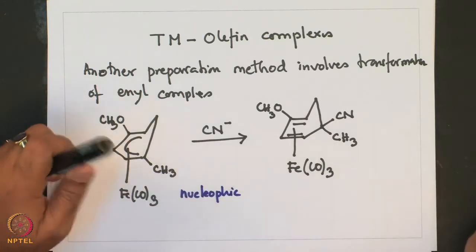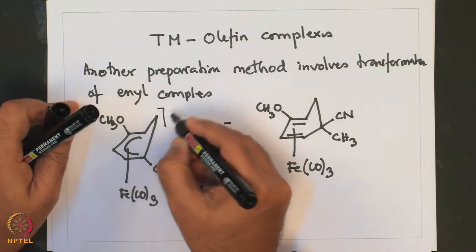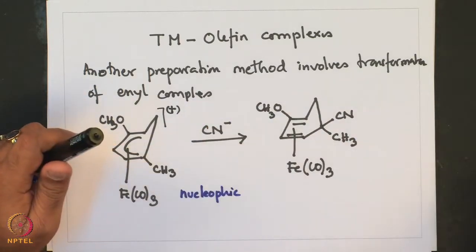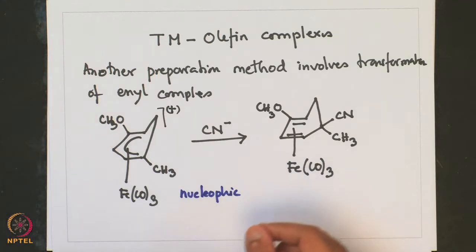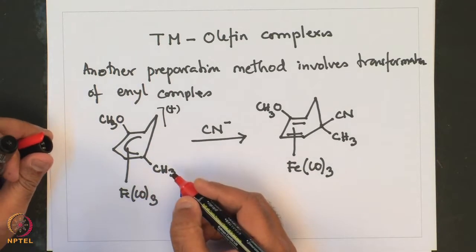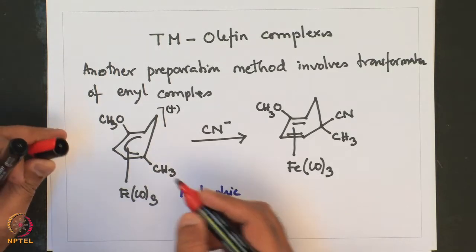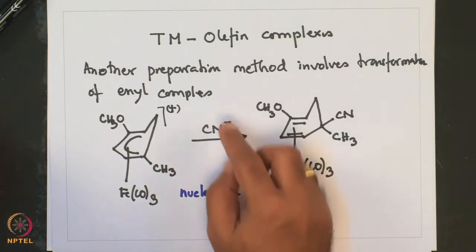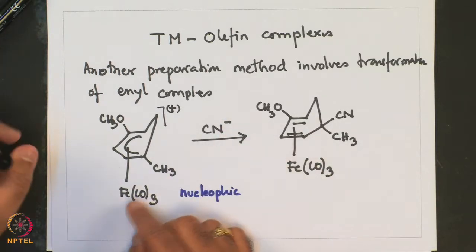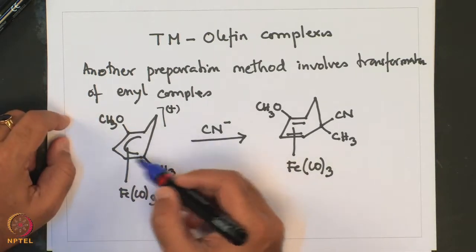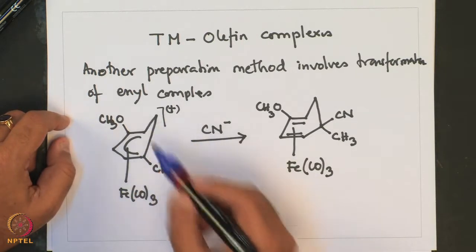to a cationic complex of overall unit positive charge. That means that the iron is in +2 oxidation state, and the nucleophilic attack, instead of happening at the metal, happens at the olefinic enyl ligand moiety.